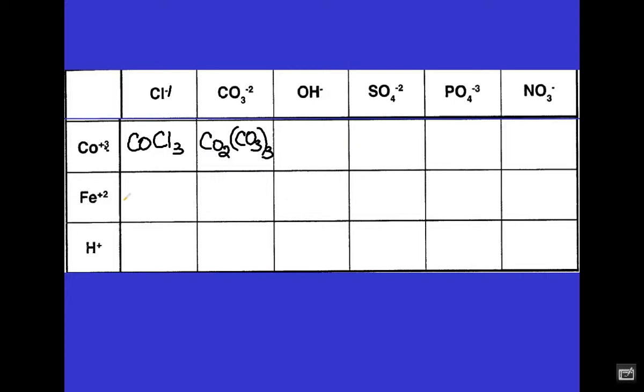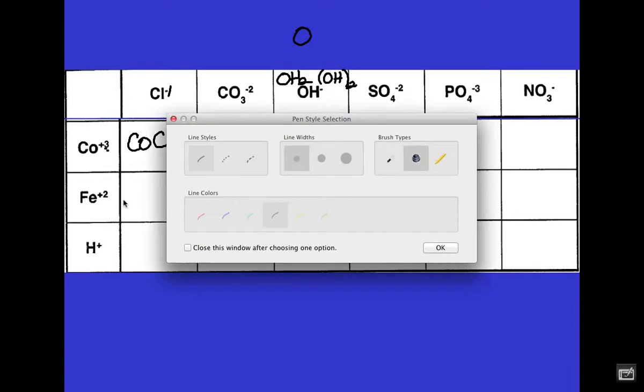Now I'm going to cross my cobalt with my hydroxide. Now, for whatever reason, students seem to have the hardest time remembering to put brackets around the hydroxide. Remember that OH2 is very different than OH in parentheses 2. So just keep that in mind. Let me erase that out of here.